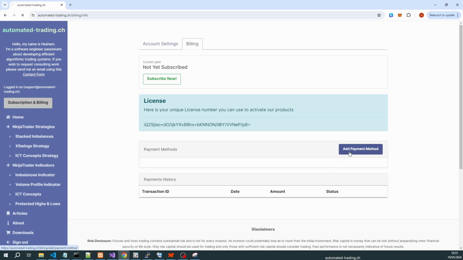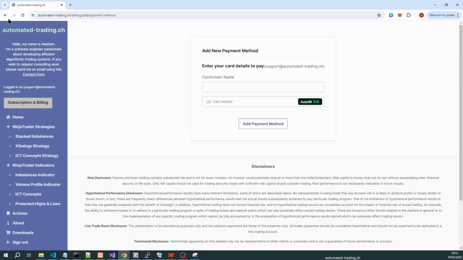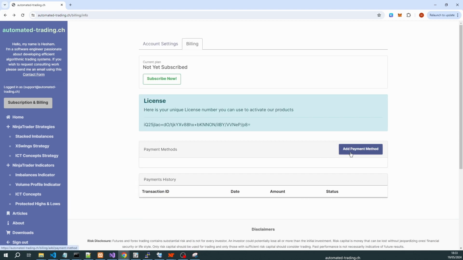If you add a payment method here, of course, it will be added to Stripe. It will not be added to my website. I will not have access to it. So if you are afraid that your payment details or credit card details will be leaked somehow, or that I will access them or do some evil things with them, I will not be able to do this because it's totally segregated.